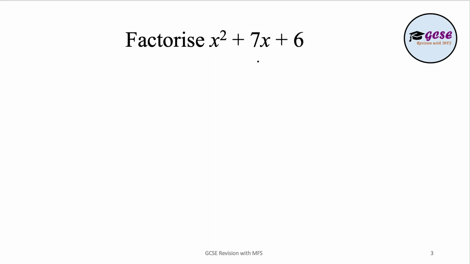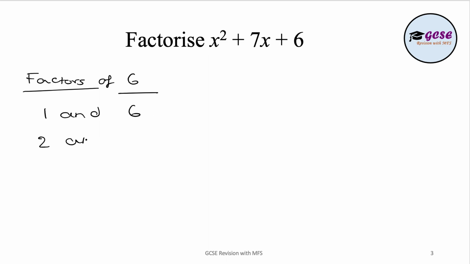Okay. So when we're factorizing this, same concept, you need to write down the factors of the last number, so positive 6. So factors of 6. We've got 1 and 6, we've got 2 and 3. Those are the only factors of 6.